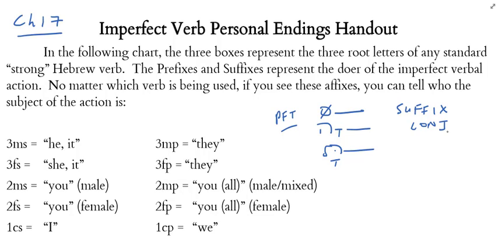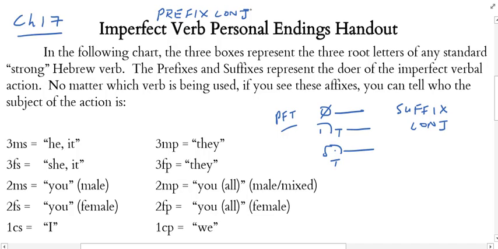There are some suffixes, but the most important part of it is going to be the prefixes. And so the imperfect conjugation is frequently referred to as the prefix conjugation in grammar. Okay, so the prefix conjugation pattern.